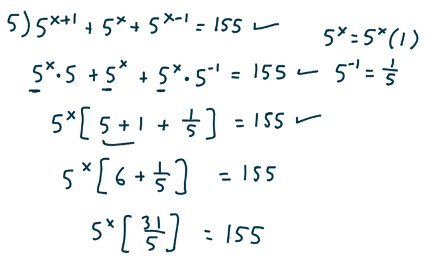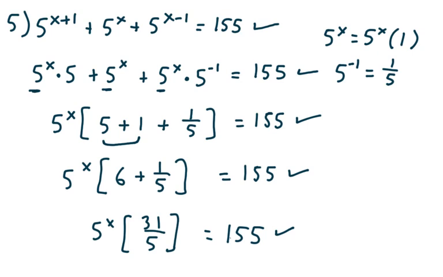But 5 plus 1 is 6. So 5 to the x times the quantity 6 plus 1/5 is equal to 155. But 6 plus 1/5 is 31 over 5. So 5 to the x times 31 over 5 is equal to 155.